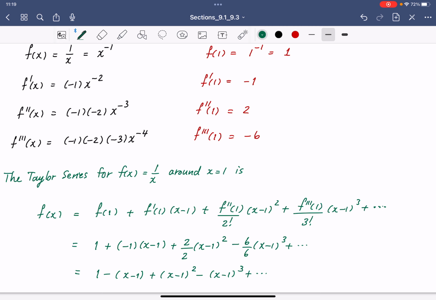When you write it in series form, you can say this is the summation of (-1) to the k times (x minus 1) to the k, because k starts from 0 to infinity.